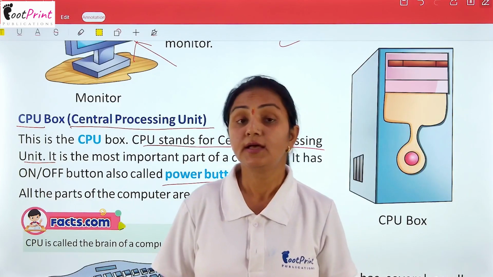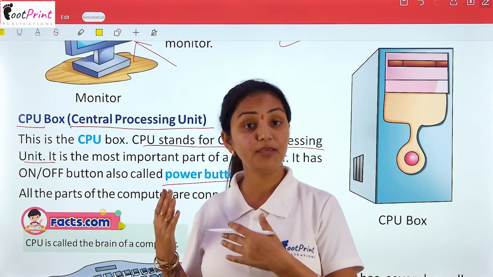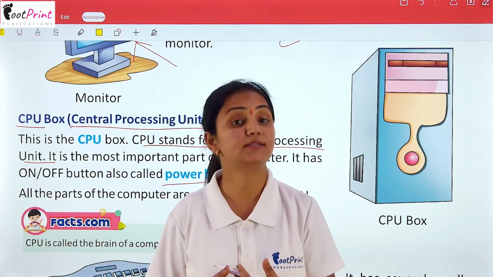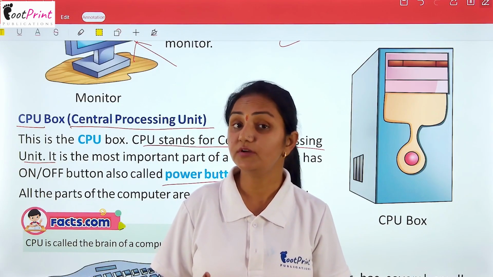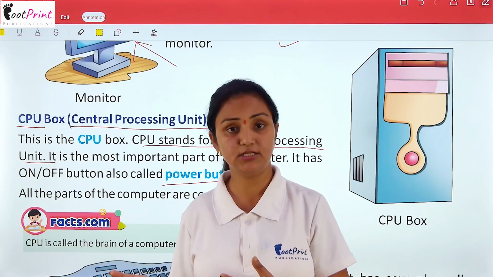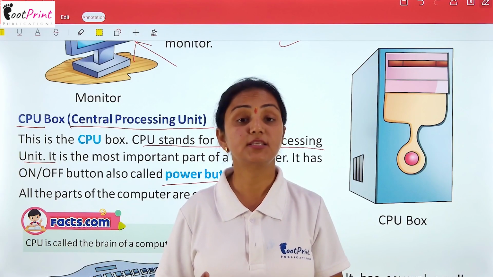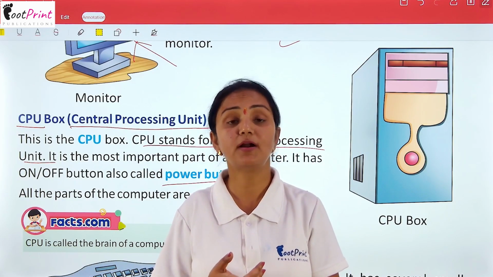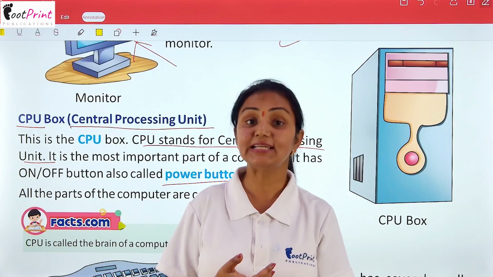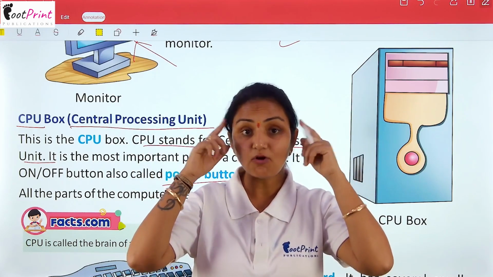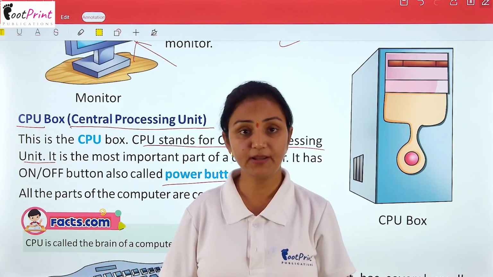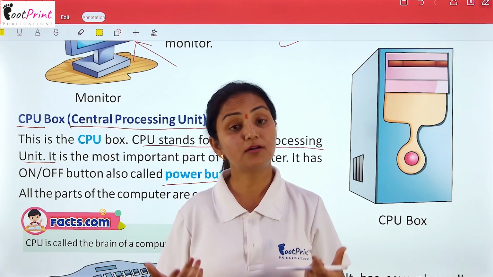Now students, I just told you that CPU is the most important part of the computer, and I told you that I'll tell you why. CPU is a very important part of the computer because it is the brain of the computer, right? Now think about ourselves.